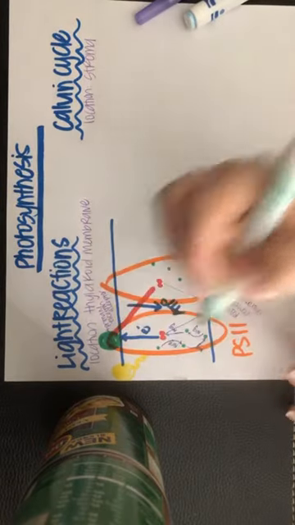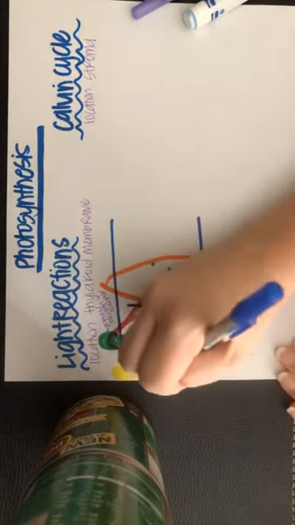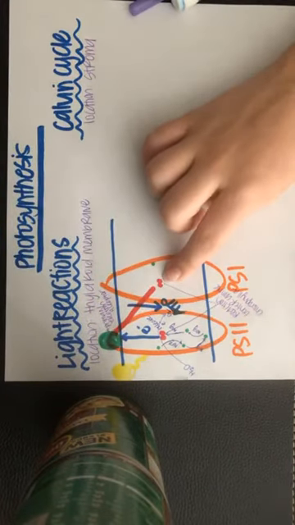I don't have any more colors, but right at this point we're going to have water break down into oxygen, which will release the electrons back to the reaction center complex. And then the electrons that come down this electron transport chain will go back here.